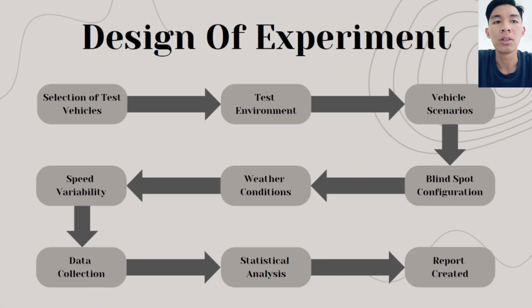Okay, I will continue with the design of experiment. First, we select a test vehicle. Next, the test environment for the experiment that day. Next is the vehicle scenario, and then blind spot configuration.